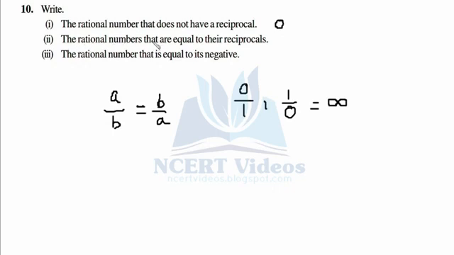Second, a rational number that is equal to its reciprocal. Obviously, we just did this in one of the previous questions. First one was -1, because when we find its reciprocal, it is understood there is 1 in the denominator. Flip it, 1 over -1, and this minus can hover in 3 positions. We have already told you in previous questions.